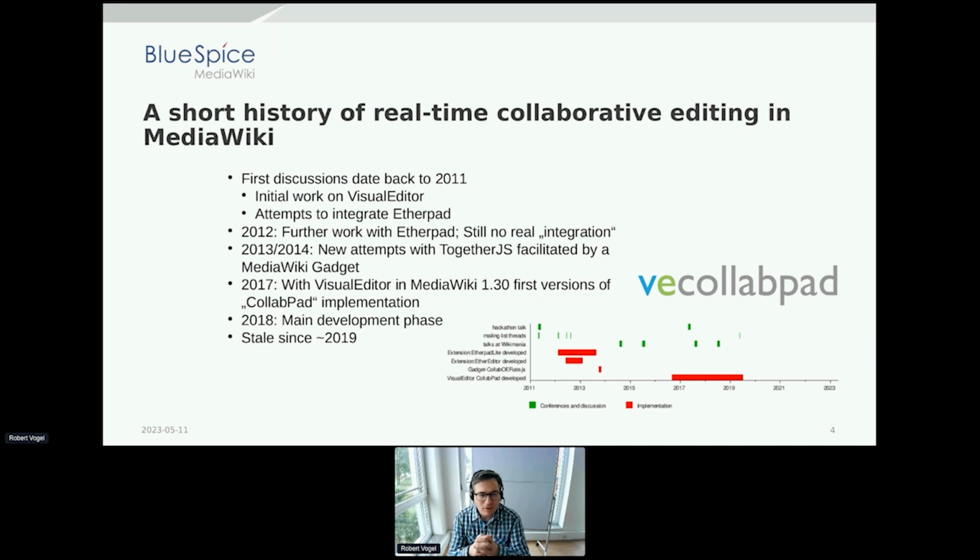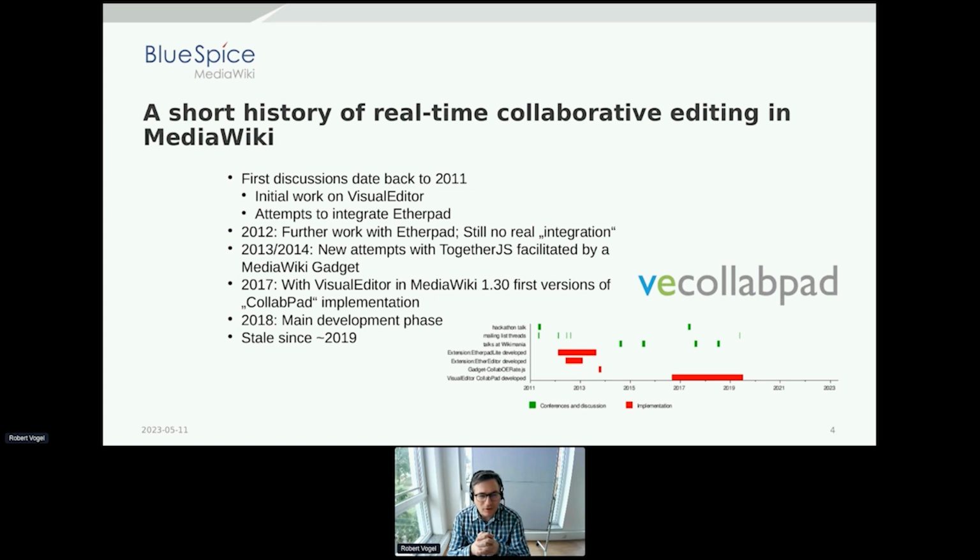So when the Wikimedia Foundation started to work with Visual Editor, it became clear quickly that this technology can be used to enable collaborative editing. But they weren't that far yet. So basically, it was still just a discussion and an idea, and it took quite some time.